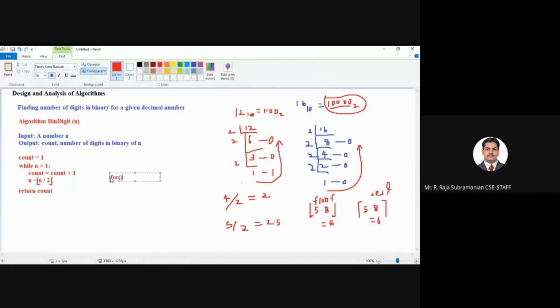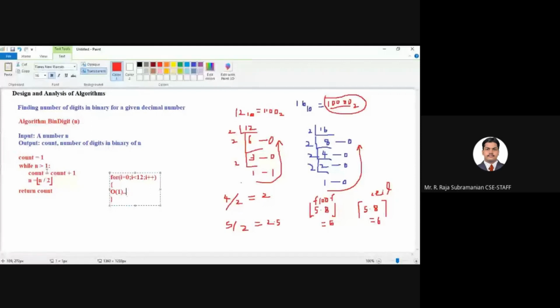I give a number 12, and you have a for loop for i equals 0, i less than 12, i plus plus, and some floor division going on inside. That is some big O of 1 operation going on inside. Now how many times will this for loop execute? 12 times, sir.